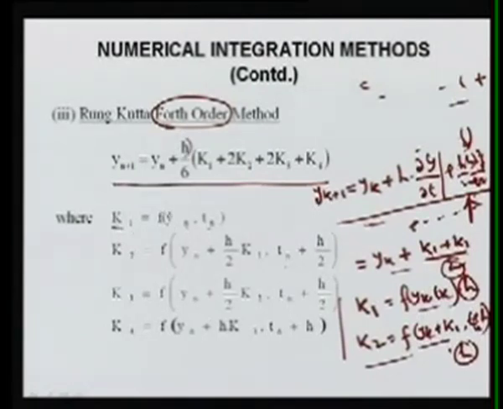Your k2 is f(y_n plus h/2 k1, t_n plus h/2), your k3 is f with h/2 k2, again with h/2, and k4 uses the full h. You can see that half is used in some terms, which is why the factor 2 is used, and in k4 h is used completely. So this is the fourth order Runge-Kutta method.